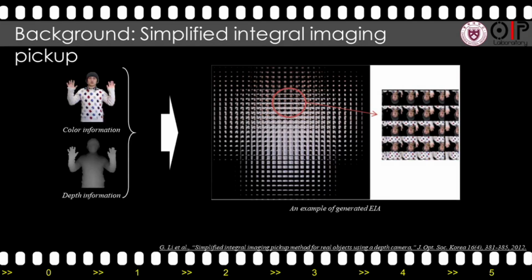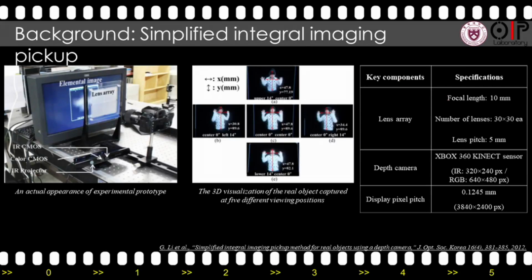Here are examples of the acquired color and depth information and the elemental image array generated from this acquired three-dimensional data. In the experiment, we used the Xbox 360 Kinect sensor as a depth camera, which consists of the IR projector, the color RGB sensor, and the IR sensor.